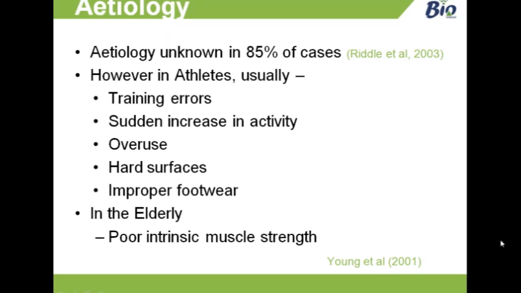Overuse is another one, somebody who's maybe decided to start running or doing an activity on hard surfaces, like someone who's taken up road running. And then there's good old inadequate footwear, so basically not having the right tools for the job. All of these things can cause microtrauma to the plantar fascia, which effectively exceeds the body's ability to recover. So your body's not recovering at the rate that you're getting the microtrauma to that structure.